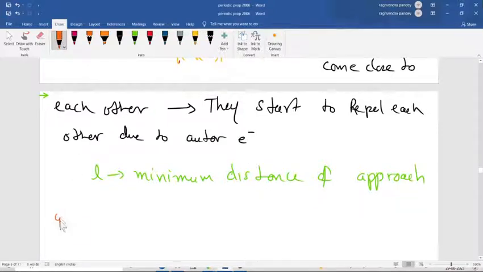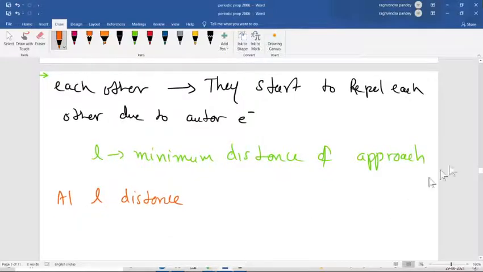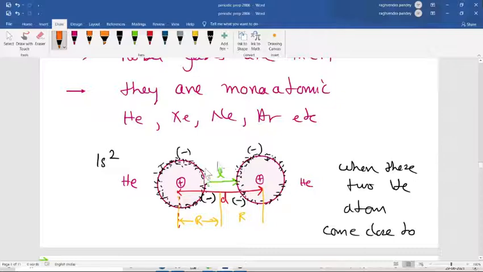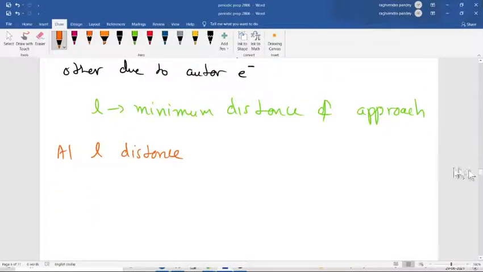So at L distance, when this L distance is achieved, they have come to the maximum closeness.